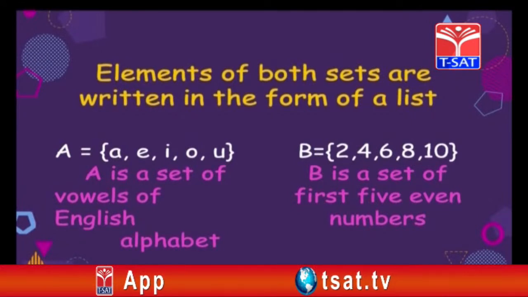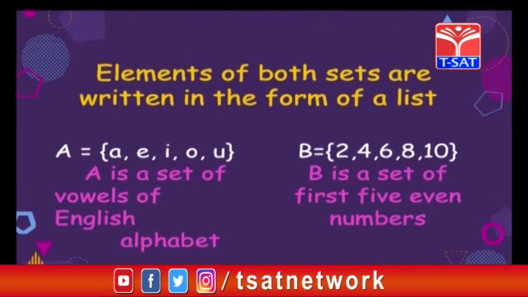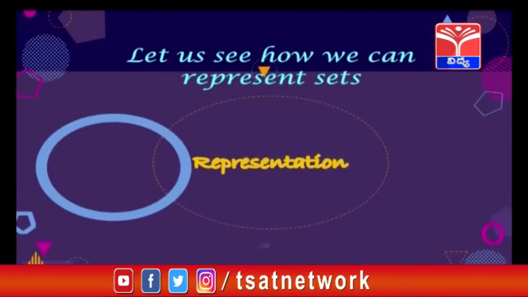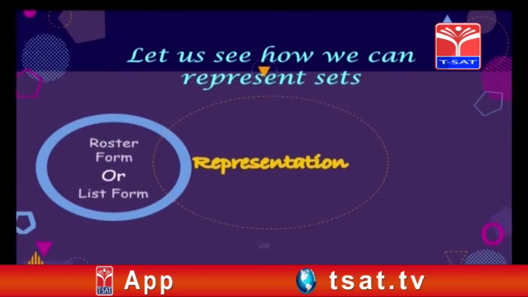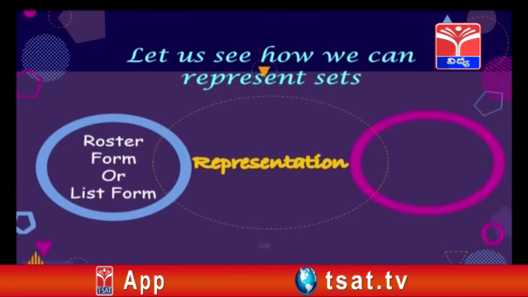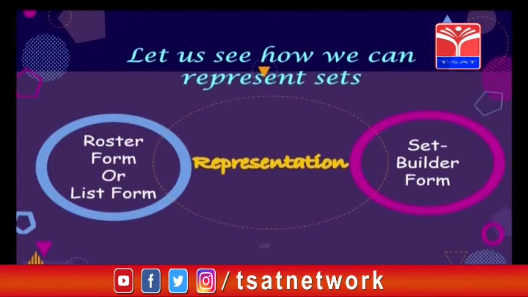This is one way of representing a set. Let us see in how many ways a set can be represented. A set can be represented in 2 ways, that is roster form or list form and set builder form.